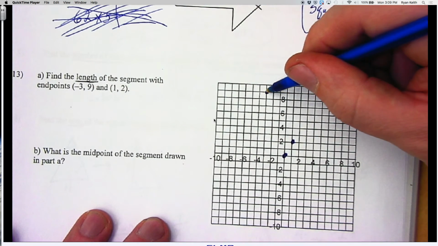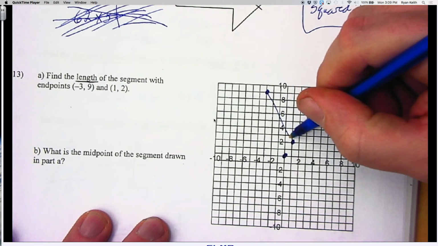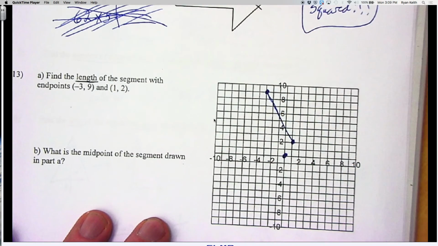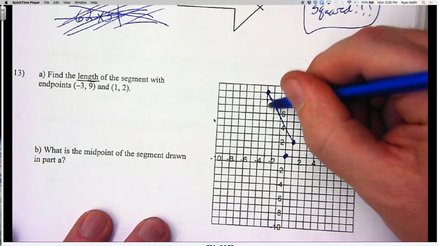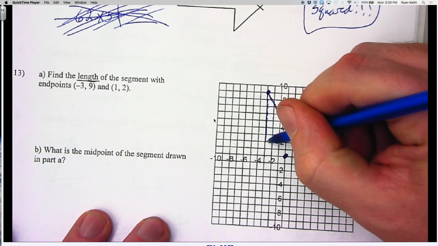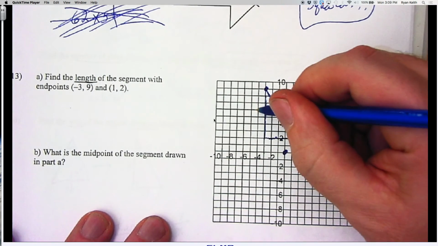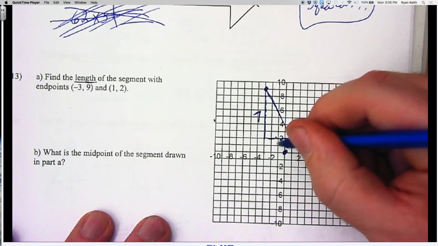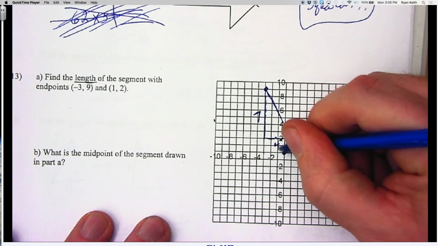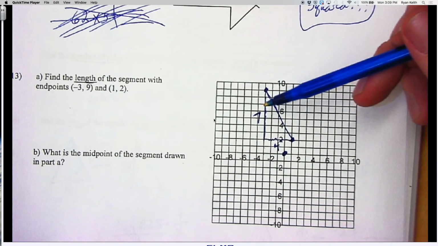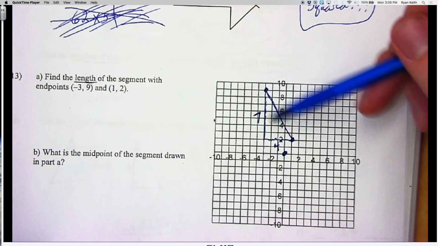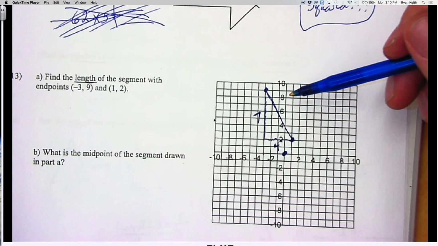First thing they want is the length of that line. Okay, come on folks, you made 100 slope triangles in your lifetime. Here's 101. And you count. This leg here is 7. This leg here is 4. Check your work. A lot of you have like 8 here or 5 there. You just miscounted or you misdrew the points.